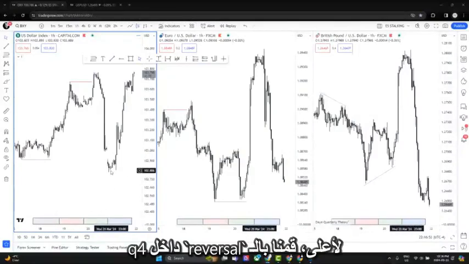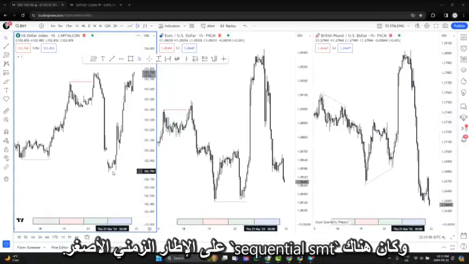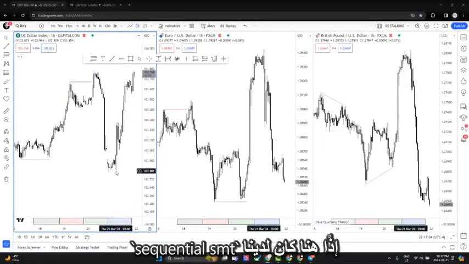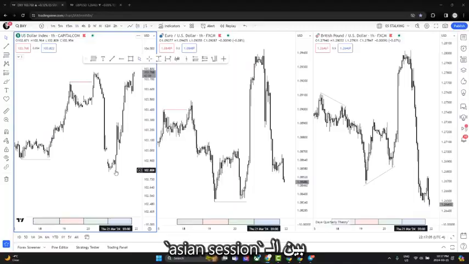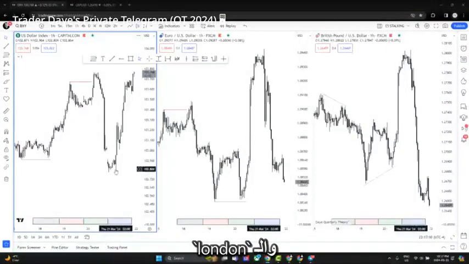We reversed within Q4, which is known for reversals, and there was sequential SMT on the lower time frame. So here we had sequential SMT between the Asian session and the London session.